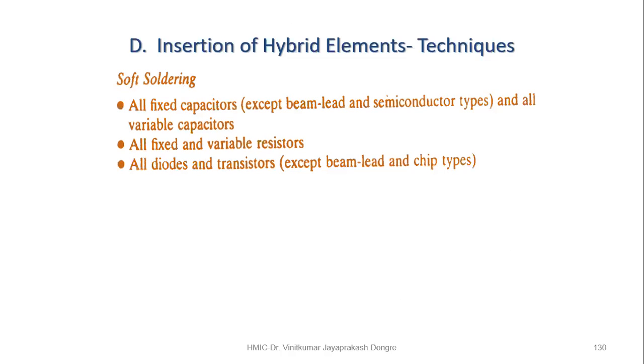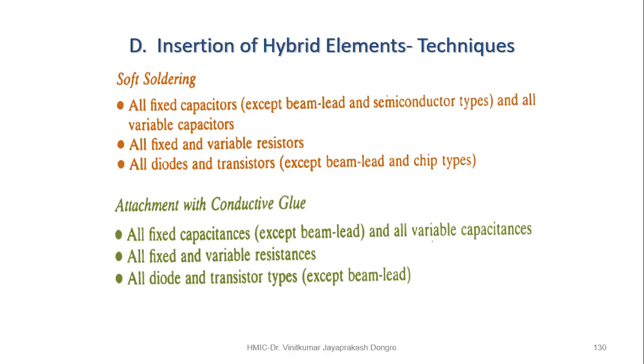Okay, so this is for soft soldering. All fixed capacitors, variable resistors, diodes and transistors can be attached by soft soldering and with conductive epoxy. So fixed capacitors, variable resistors, fixed resistors, diodes and transistors can be done by this method.